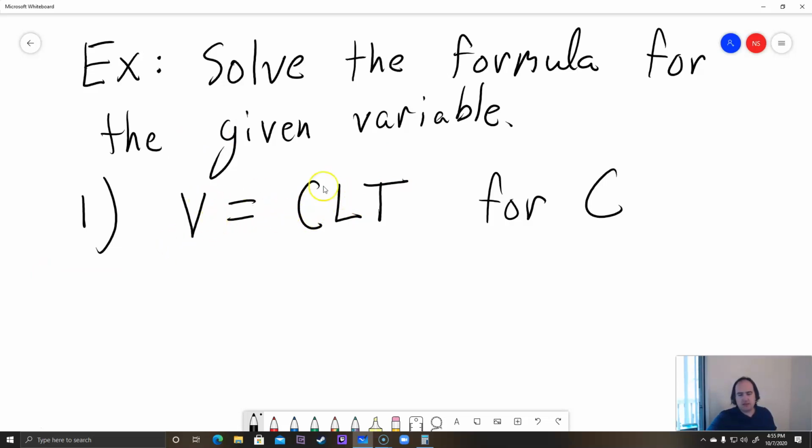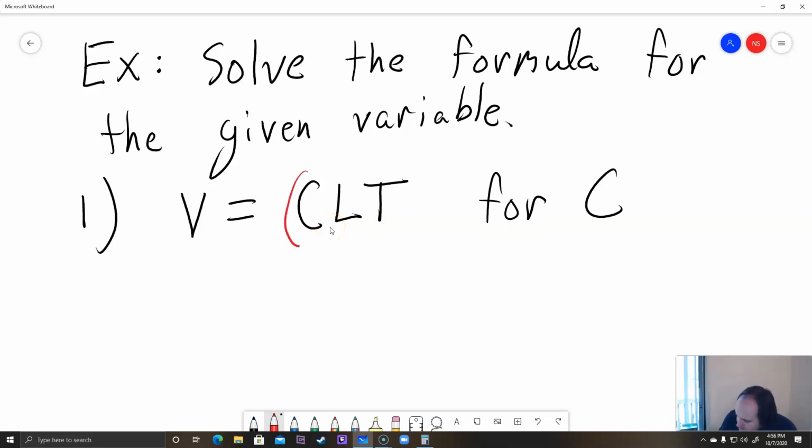I don't remember where this formula came from. I think it might have to do with the volume of a gas. I'm not entirely sure. But anyway, we want to solve for C.